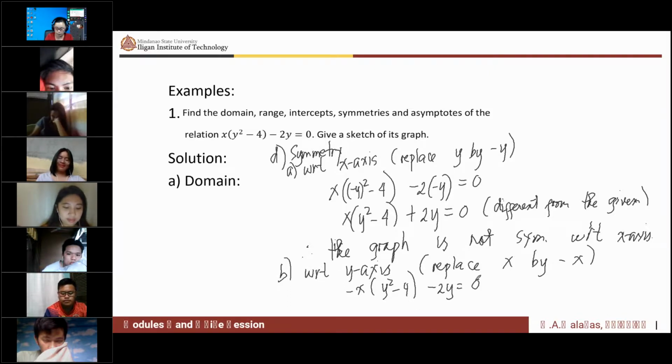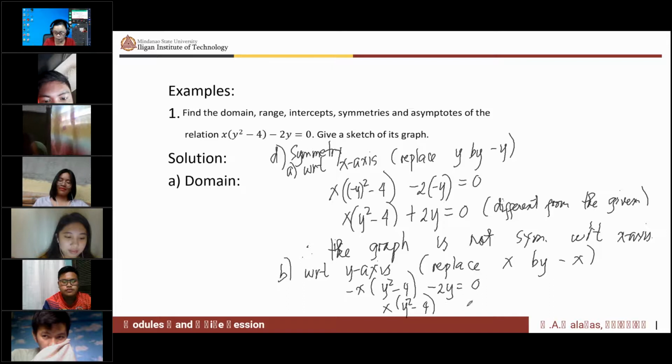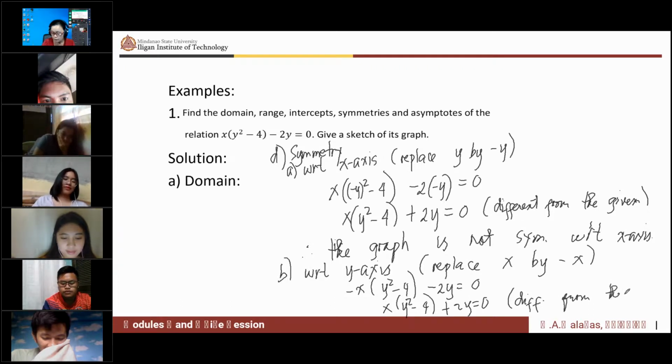And if we multiply both sides by negative 1, we have x times y squared minus 4 plus 2y equals 0. And this is different from the given. So therefore, it's also not symmetric with respect to the y-axis.